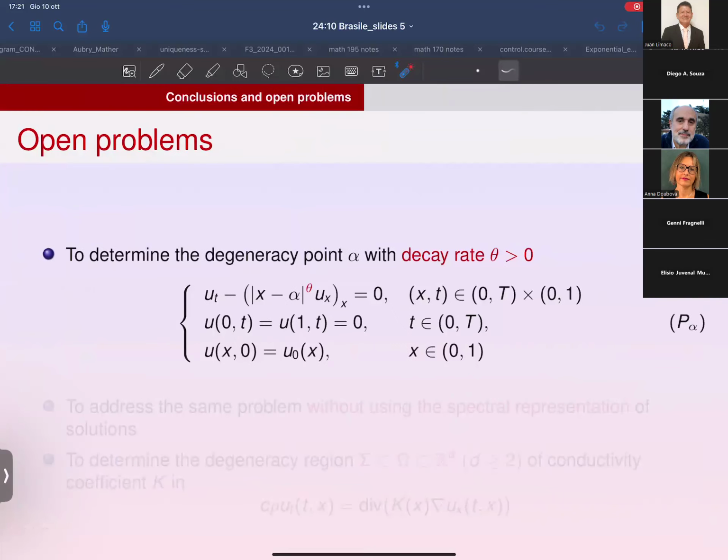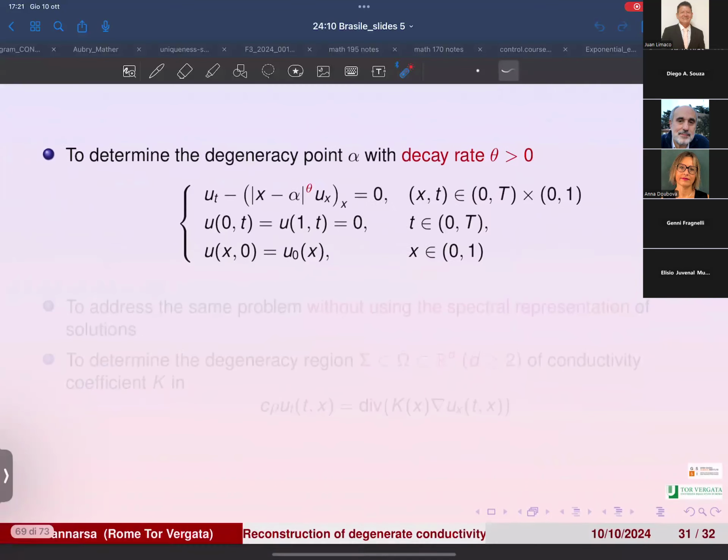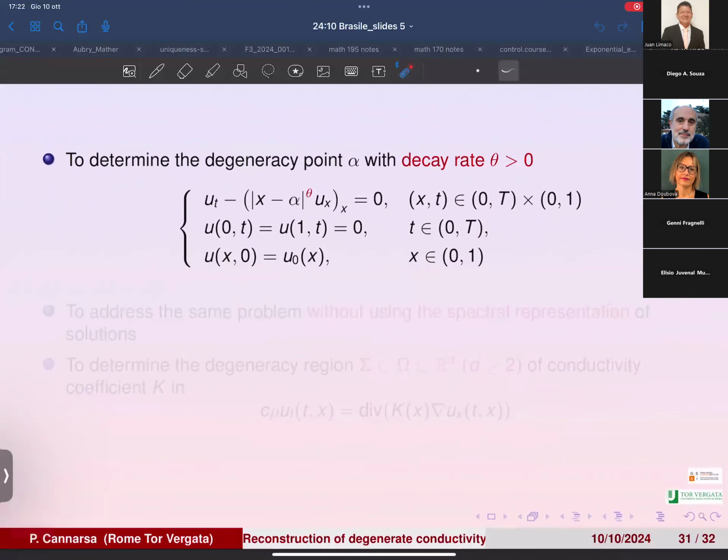Of course, there are many open problems. This is just the first example of what one would like to study. The first open problem is, of course, not to assume linear decay of conductivity, but more general decays, for example power-like decays.